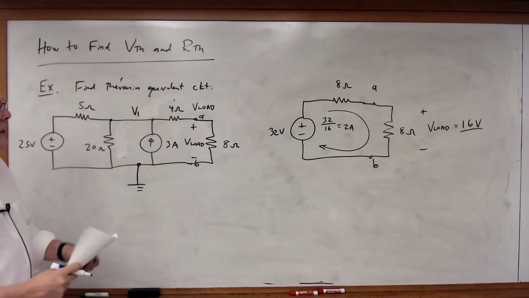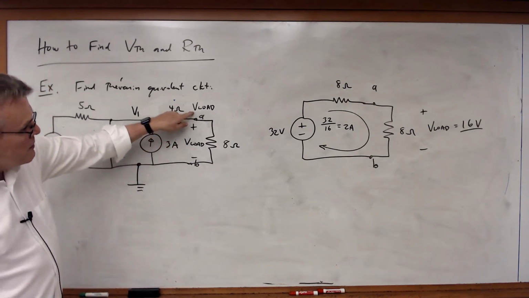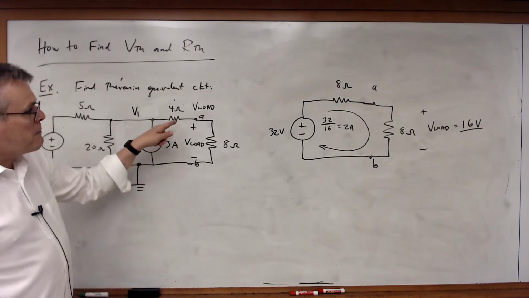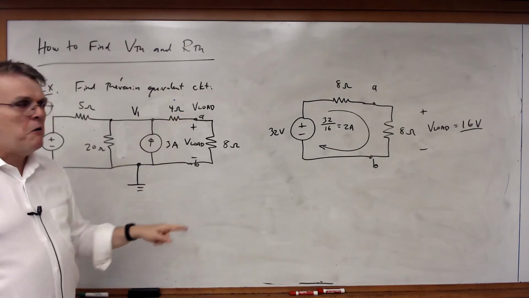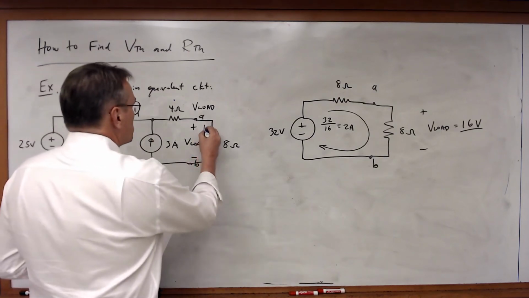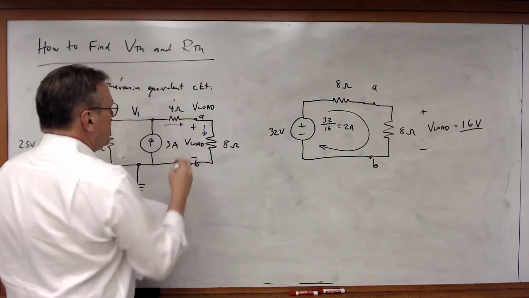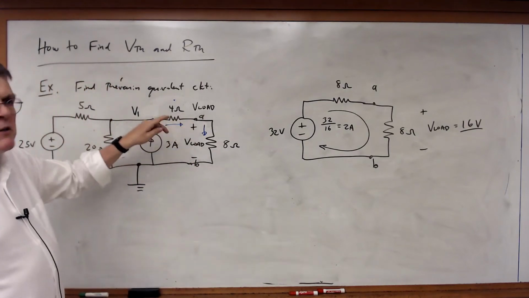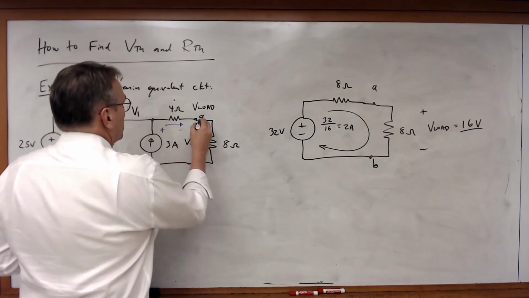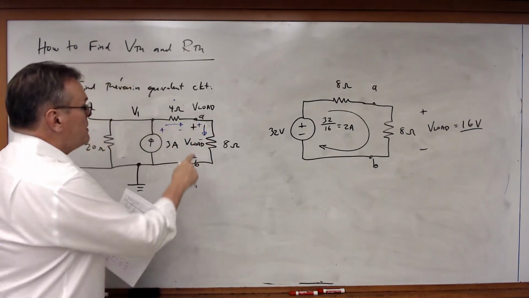Here's a case where the V load node is a non-essential node. But since I want to calculate V load, I'm going to write a KCL equation for it. This is one of the situations where you do want to write a KCL equation, because you need that value anyway. So I'll pick these directions.